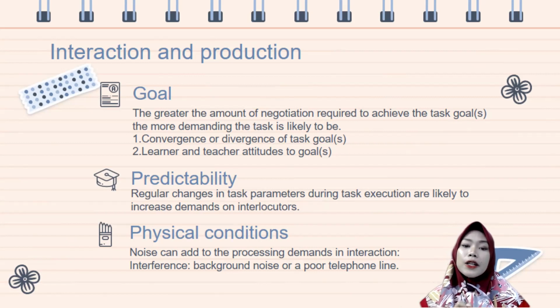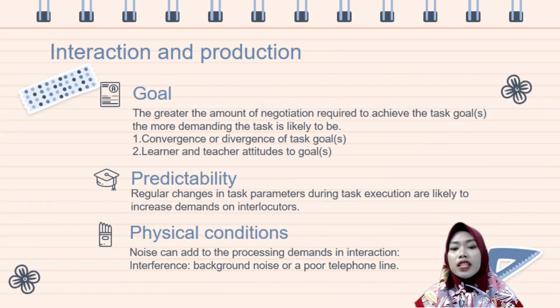The second is learner and teacher attitudes to goals. And predictability. Regular changes in task parameters during the task execution are likely to increase demands on interlocutors. And then the last is cycle conditions.